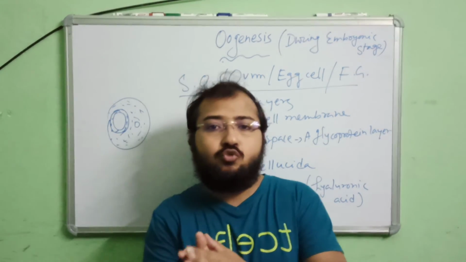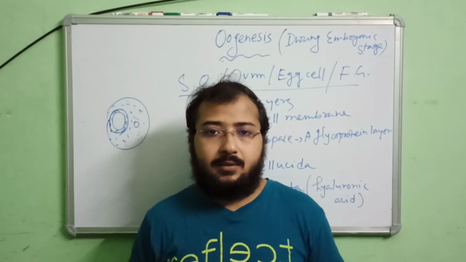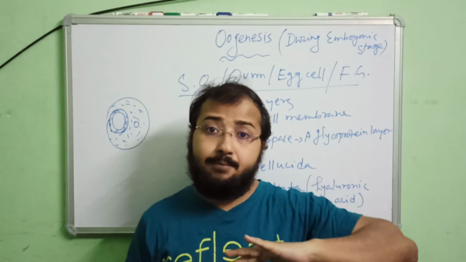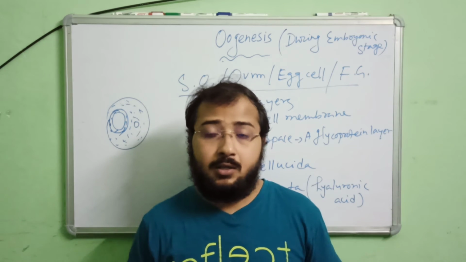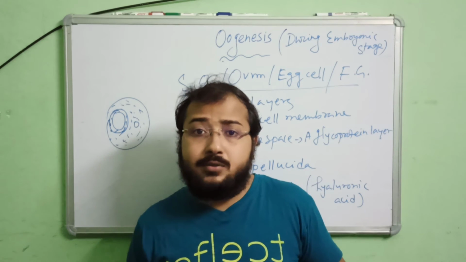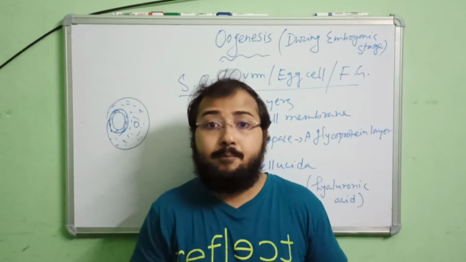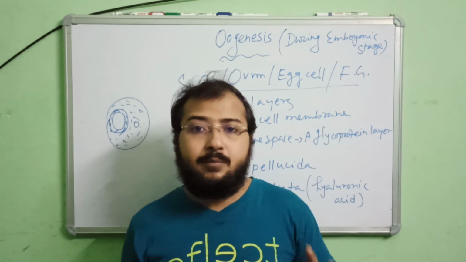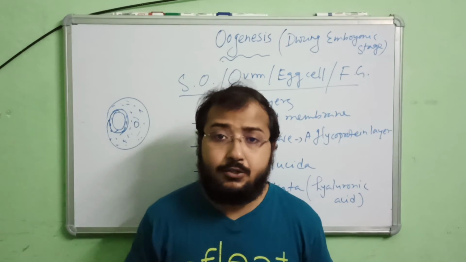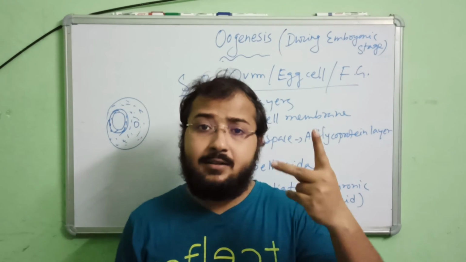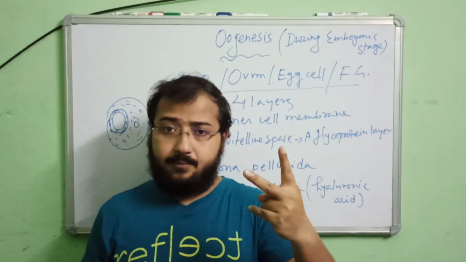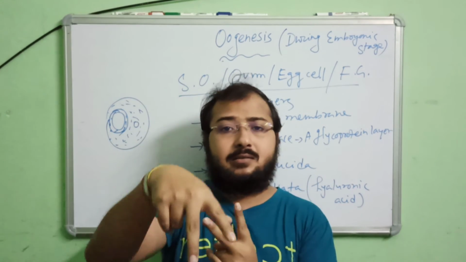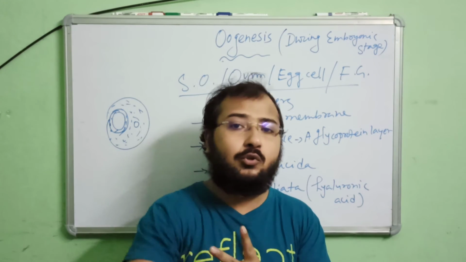When meiosis 1 is completed, by the time the tertiary follicle is developed, the meiosis 2 immediately starts. After meiosis 1, which cells were produced? 2 cells, the secondary oocyte and that small polar body. These 2 cells immediately start meiosis 2.